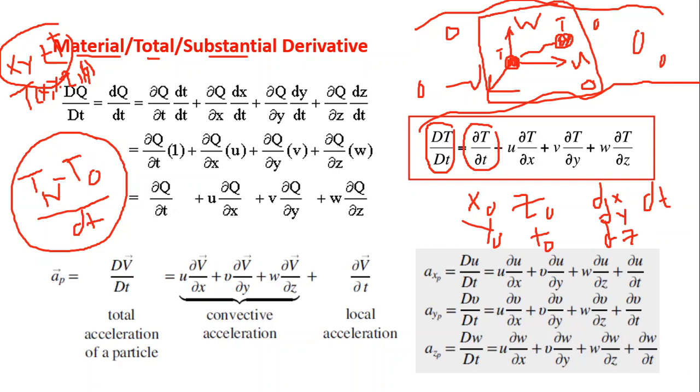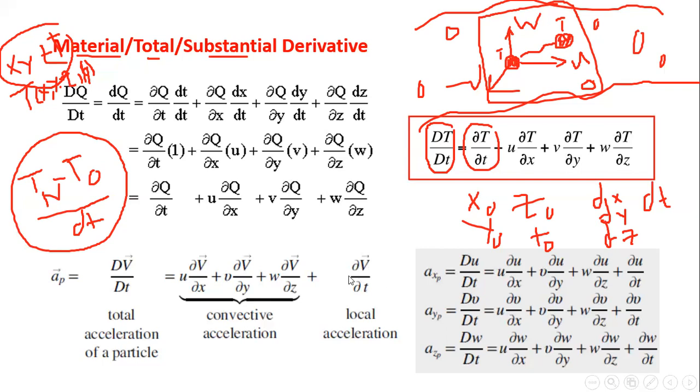And from our background, the change of the velocity with time is the acceleration. So the total derivative of the velocity is the acceleration vector. So instead of the temperature, instead of the density, you will put the velocity vector.